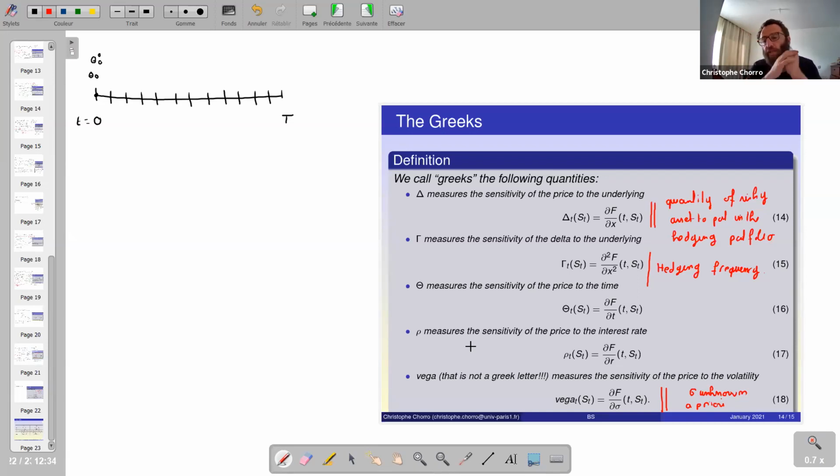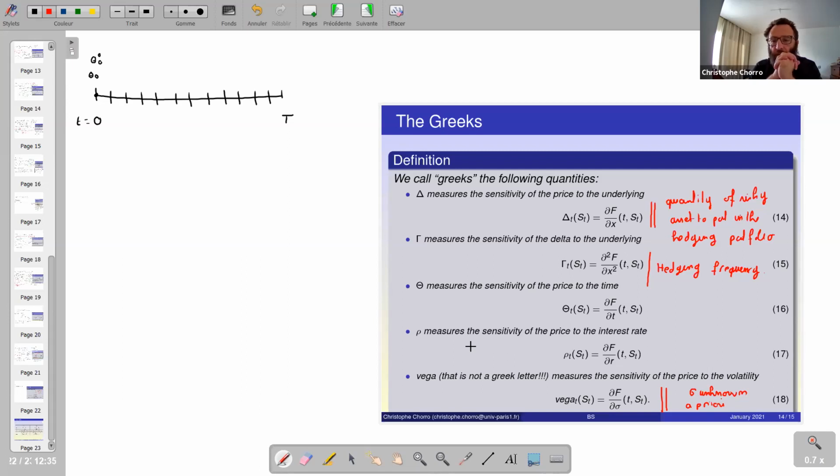And for the two others, they are just quantities of interest. Theta is related to what we call the time value of an option. And rho just says be careful in the interest rate you enter because it can change the value of your price, but in general, in real life problems, the choice of r is not that unclear.